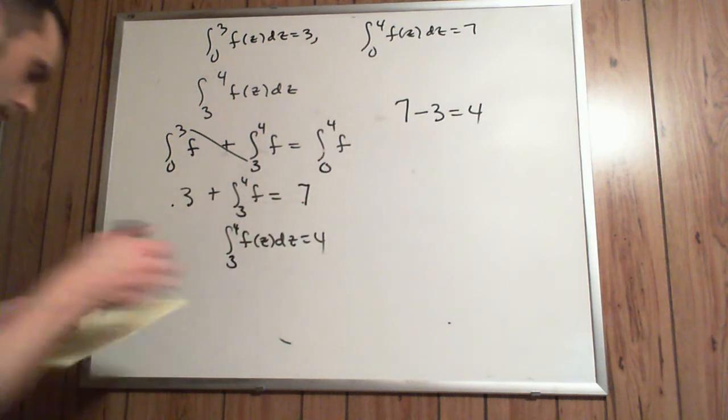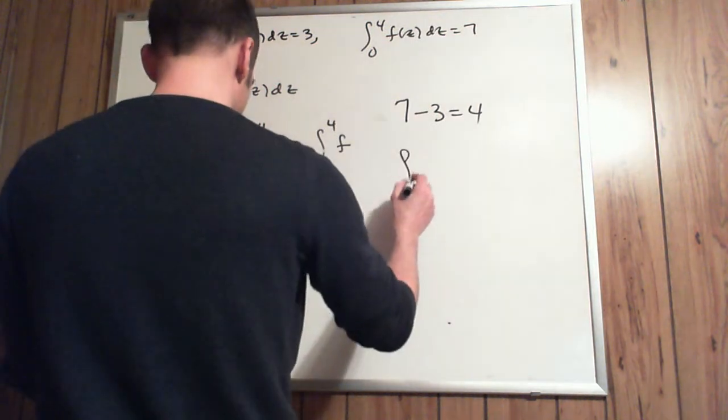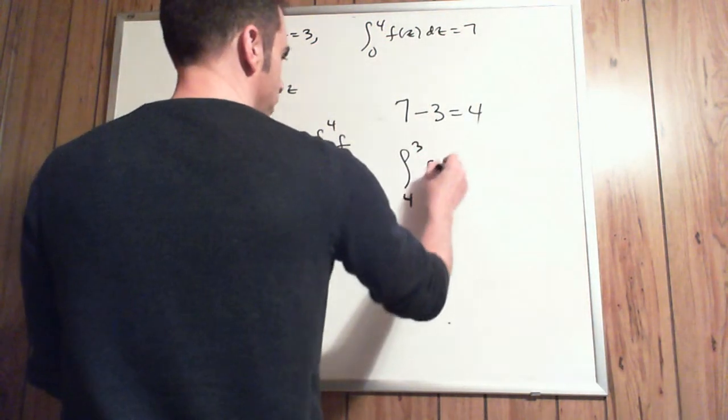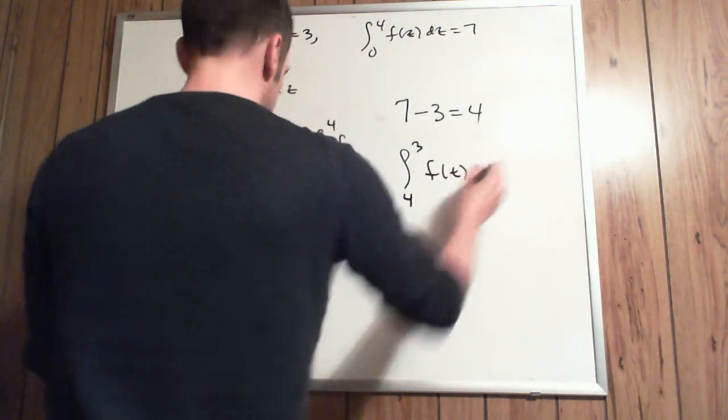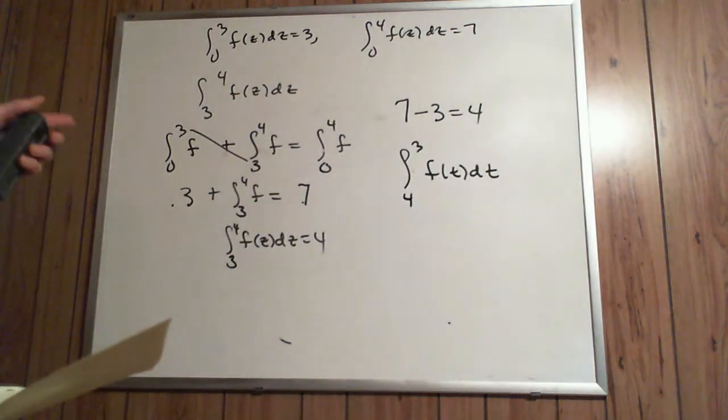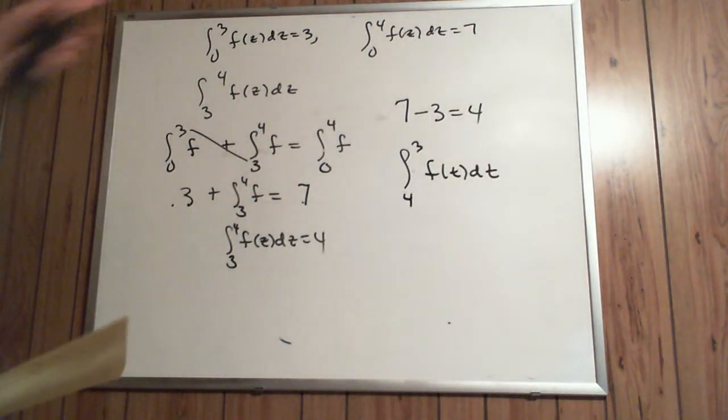In the next part it says the value from 4 to 3 of f at t dt. Well, you know everything in terms of z.